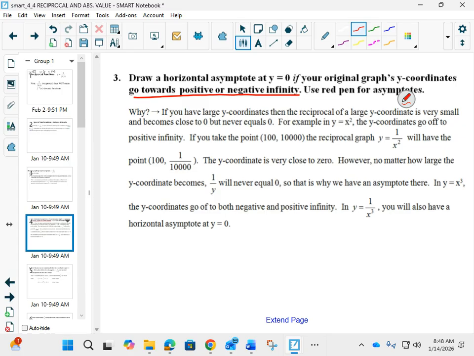Because what it's saying is if your y values keep getting bigger and bigger and bigger, when you do 1 over them, they will get smaller and smaller and smaller and approach 0. So steps 2 and 3, when drawing your reciprocal: you're going to draw your original graph first, then you're going to draw asymptotes. Do steps 2 and 3 together.